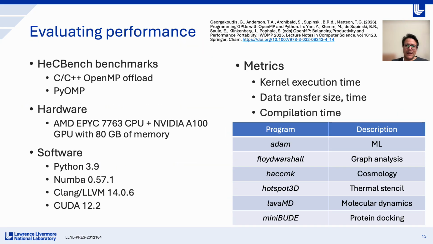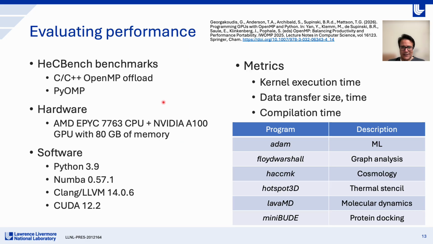We evaluate PyOMP on the more challenging use case of GPU programming using programs from Rodinia, the Heterogeneous Computing Benchmark Suite. We compare C++ OpenMP offload implementations of those programs with equivalent feature-full implementations using PyOMP.